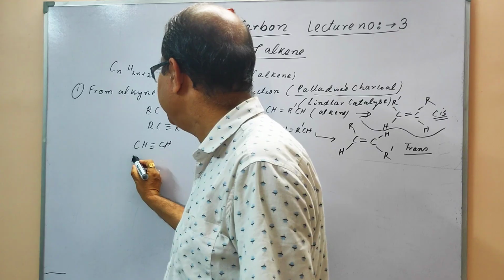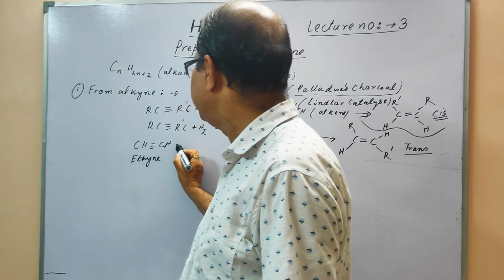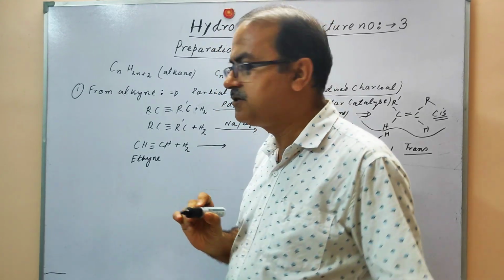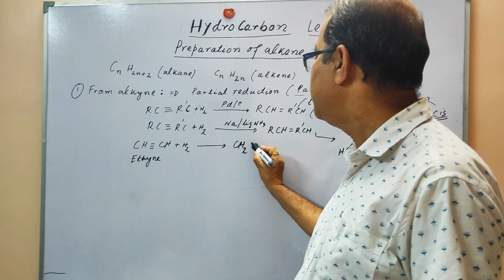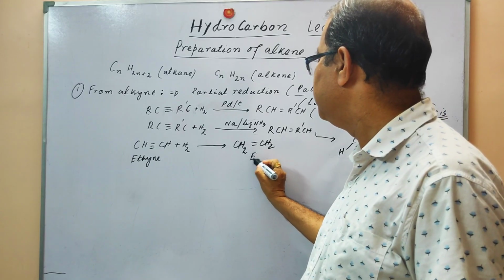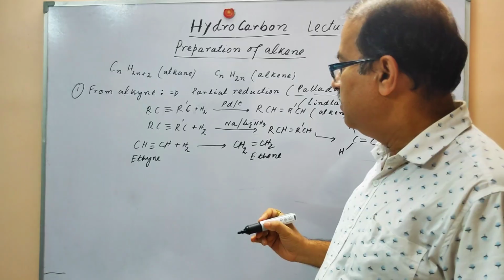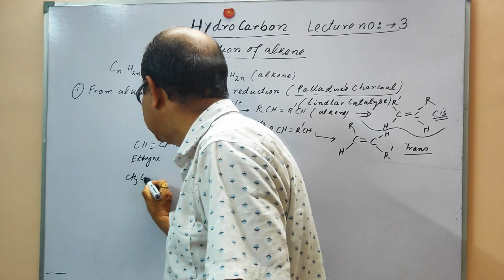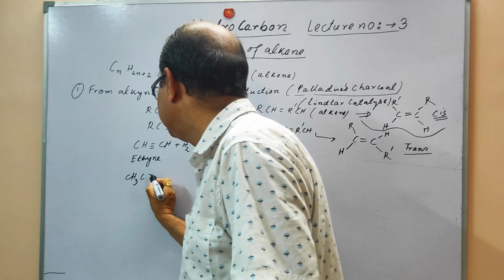This is the ethyne. This is ethyne. When ethyne is hydrogenated, the reduction process is there, and it is going to produce the ethene. This is ethene. In this process, another reaction that we can take, that is CH3C, CH.